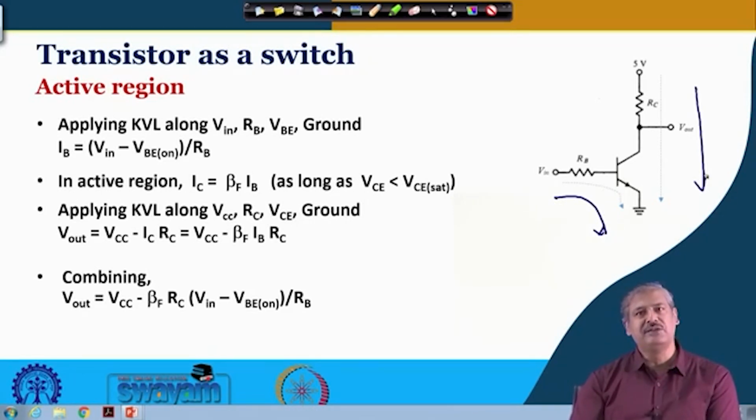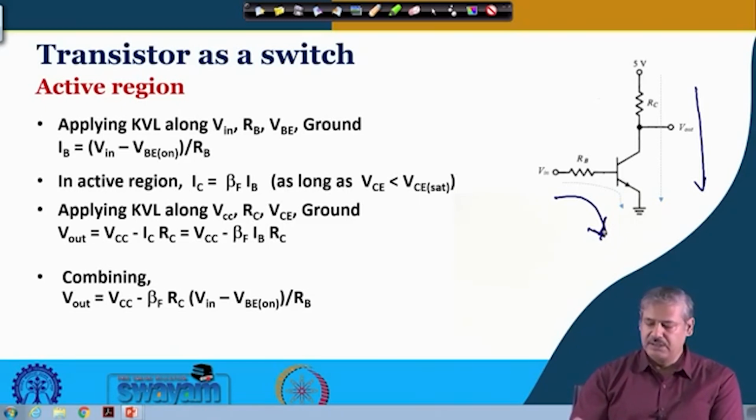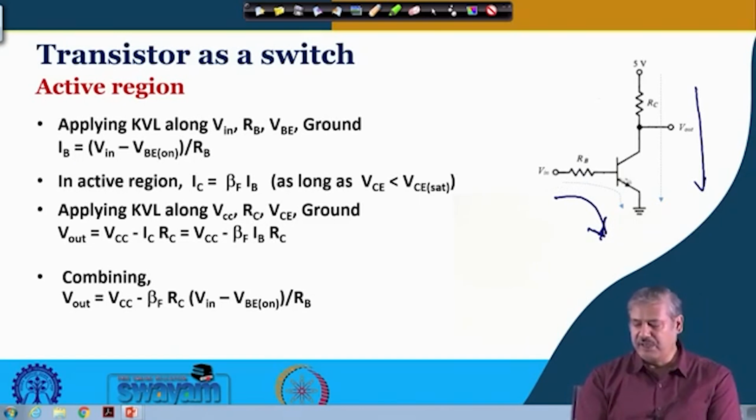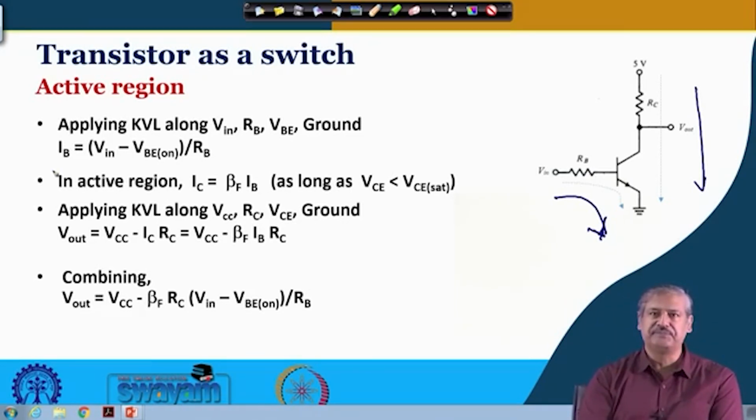We shall apply Kirchhoff's voltage law along this loop, and from that we shall do a quantitative analysis. When we apply it along this particular loop, the current IB will be Vin minus VB on, the voltage drop over here, divided by RB. So, the current through IB is Vin minus VB on, the rest of the drop is over RB, divided by RB. Is it clear?